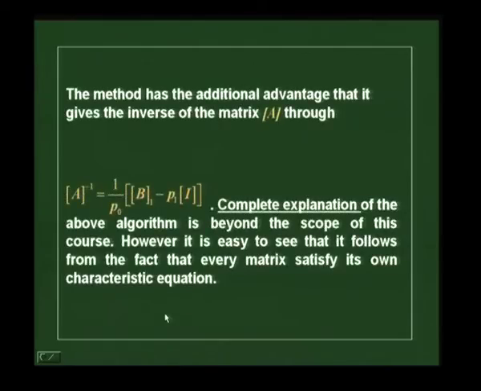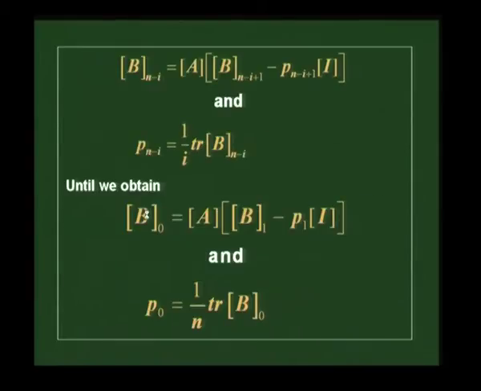Now, there is an interesting fallout of this, that is A inverse. We just saw here that b 0 is A into b 1 minus p 1 times I, and the trace of b 0 gives p 0. From this equation we can construct A inverse.